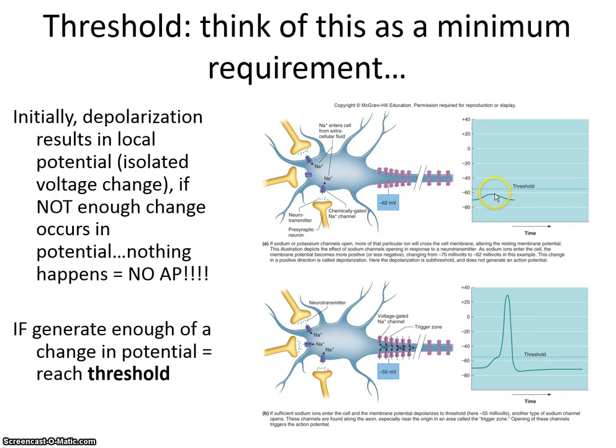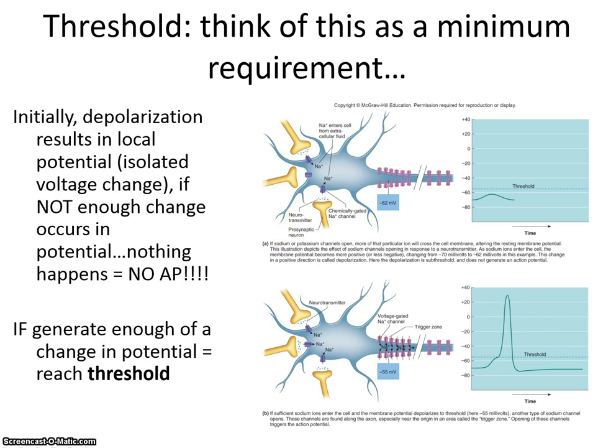But the change wasn't very much because we didn't open many sodium channels. All right? In the second scenario, we've got a number of additional axons releasing neurotransmitter and more sodium channels opening. And in this one, we do meet the minimum requirement. Enough sodium channels open, so enough sodium starts to enter, and we get this depolarization.